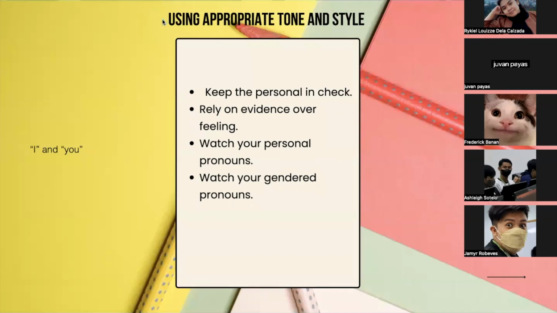Watching your gendered pronouns: when you write, make sure that you don't do anything to make your readers feel excluded. We've discussed this before. We should be culturally and gender sensitive, right? You remember that topic?